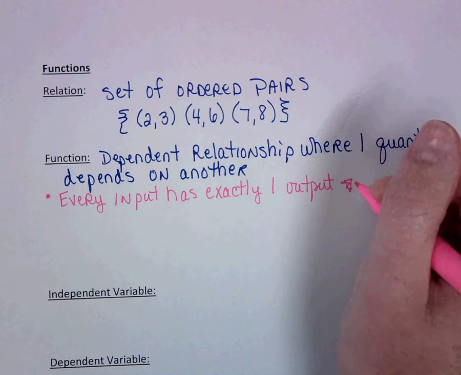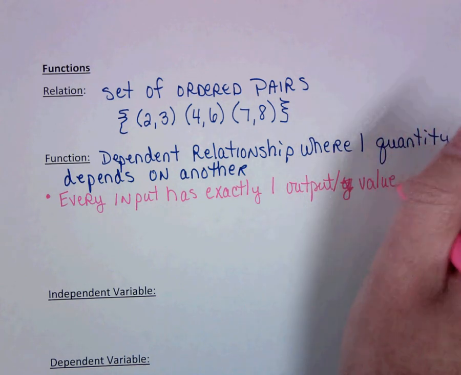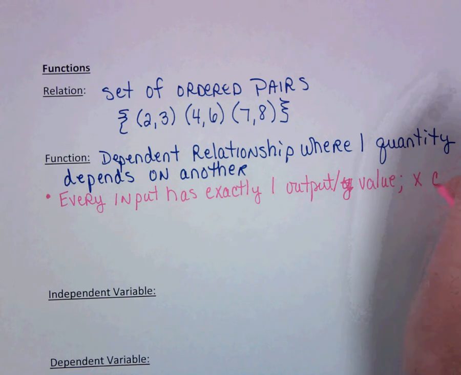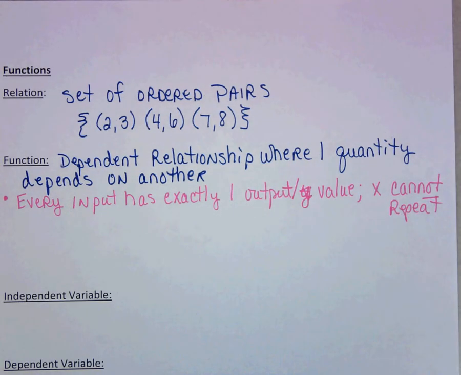Basically this means that x cannot repeat. And what I want us to look at today is some dependent statements that are representatives of functions, or dependent relationships.